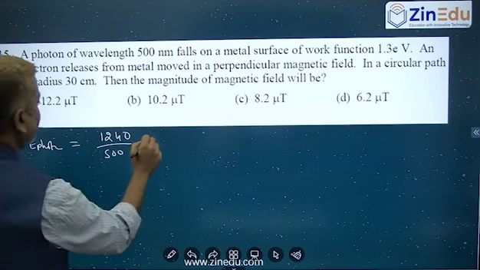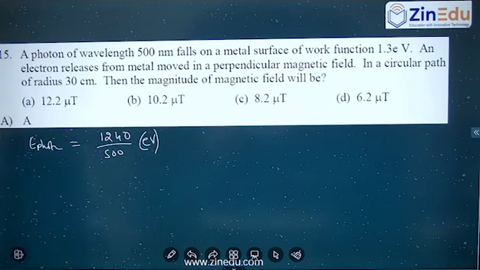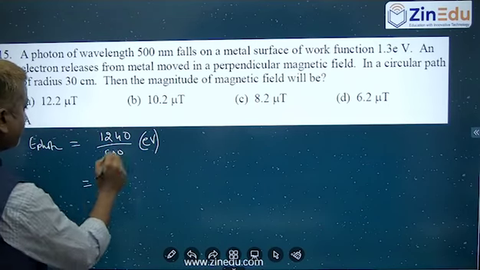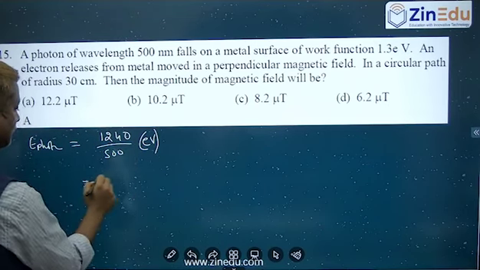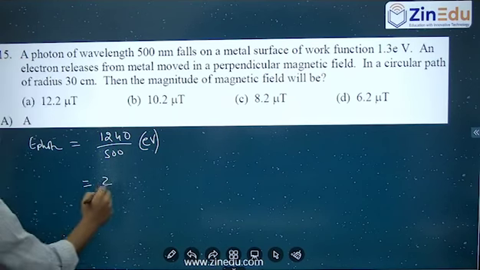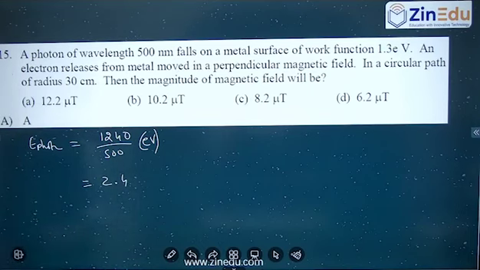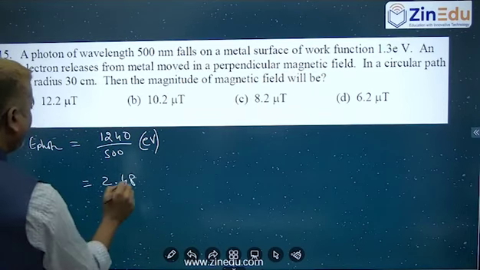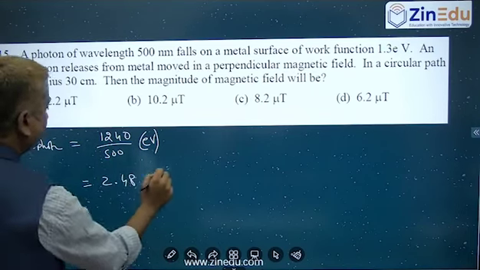So you'll get it in electron volts. First step, right? So here you are getting 2.48 electron volts. This is the energy of the photon.